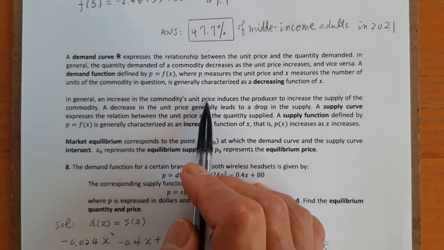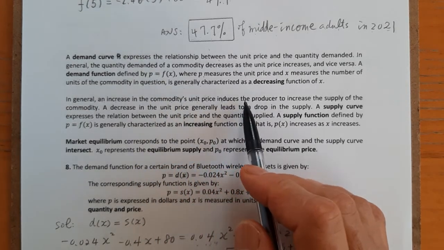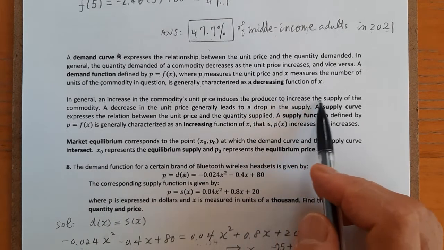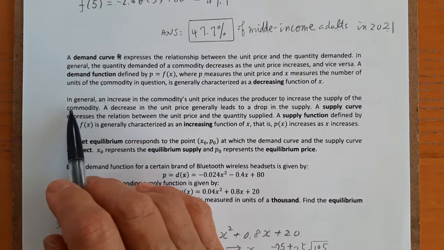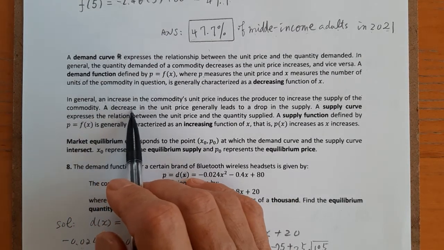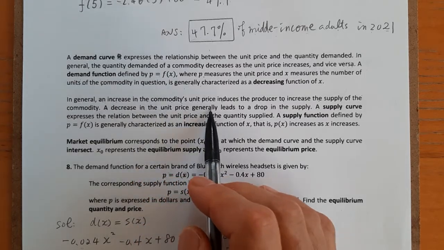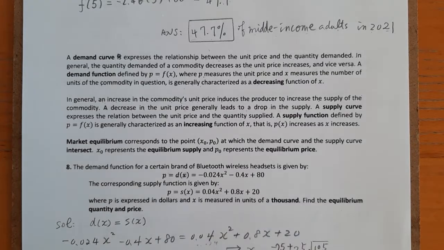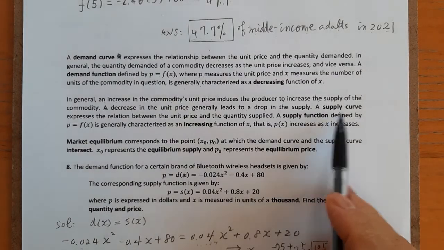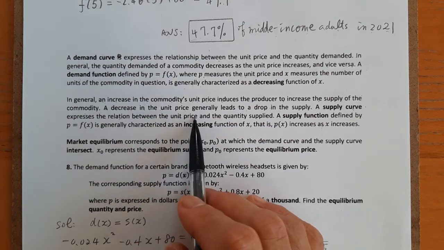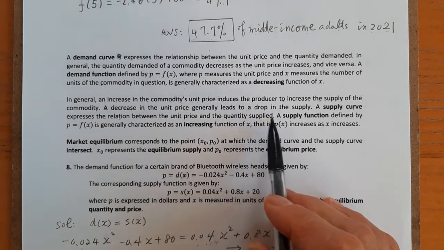In general, an increase in the commodity's unit price induces the producer to increase the supply of the commodity. A decrease in the unit price generally leads to a drop in the supply. So a supply curve expresses the relationship between the unit price and the quantity supplied.